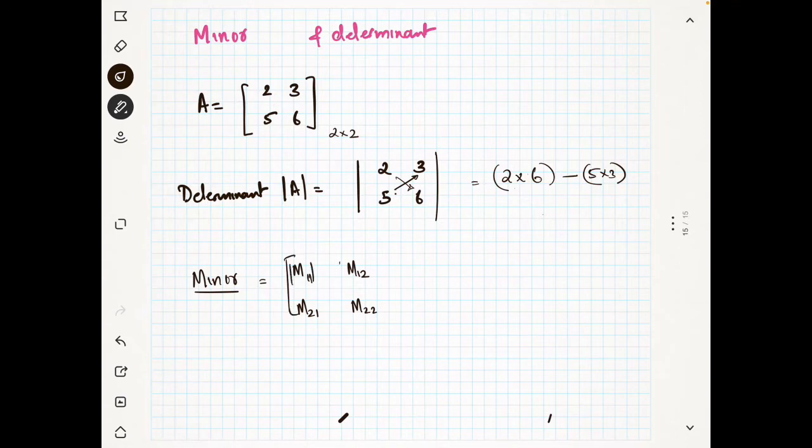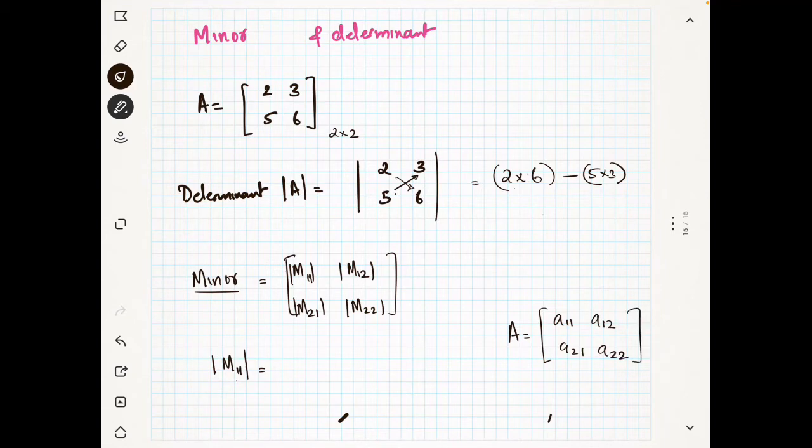Suppose you are going to calculate M11, you know that the matrix A is represented as A11, A12, A21 and A22. You are talking about the position 1, 1, so this is the element at 1, 1. You can ignore this row and column, and it will be A22. In this case it will be 6.